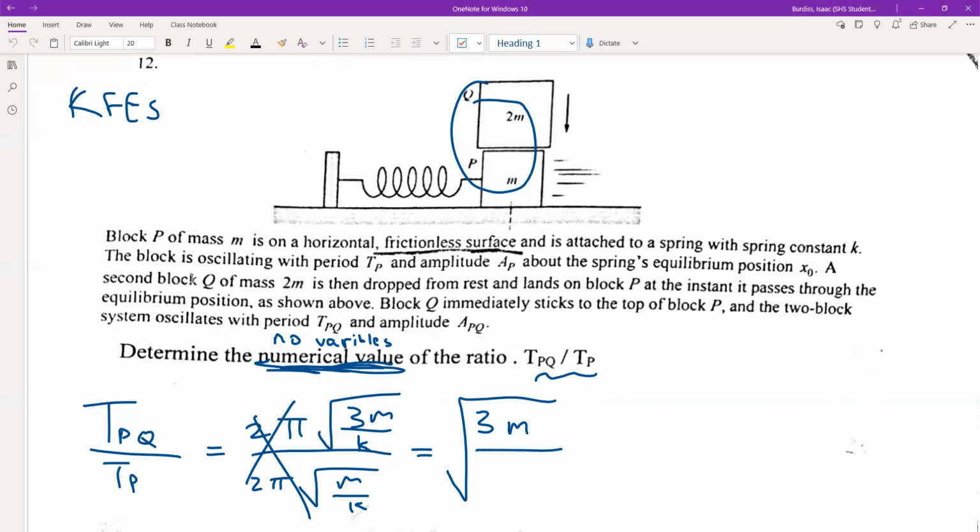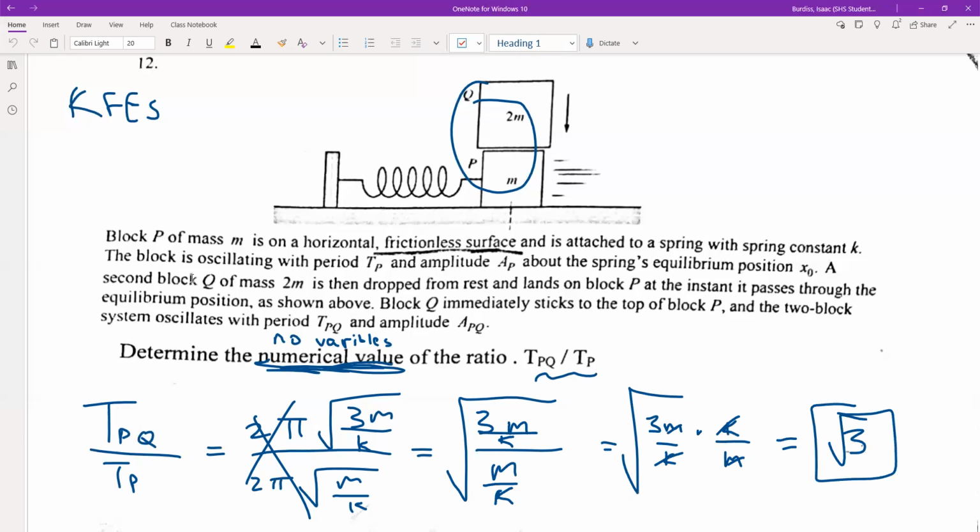And then when you multiply by the reciprocal, it's going to be 3m over k, and the reciprocal is k over m. The k's cancel out and the m's cancel out, and we're left with just square root of 3. That doesn't have any variables in it, and that's the correct answer.